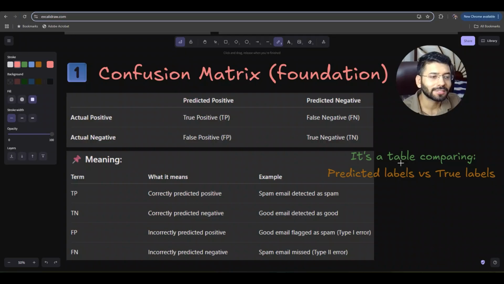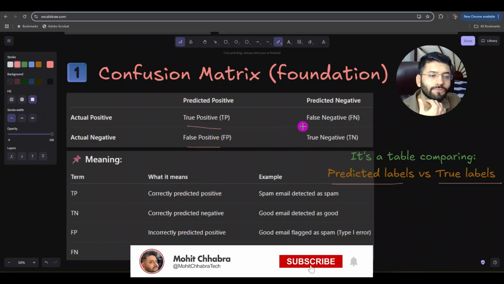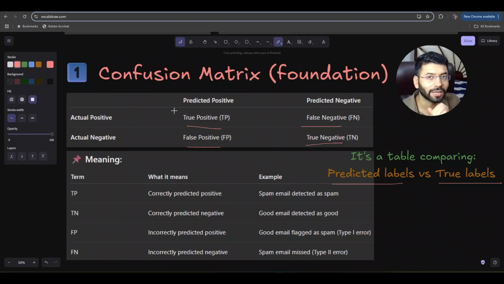So a confusion matrix is a table comparing predicted labels versus true labels. I will explain with an example, but before that you need to understand four important terms. First is true positive, second is false positive, then false negative, and then true negative. Here you can see we have created a table.